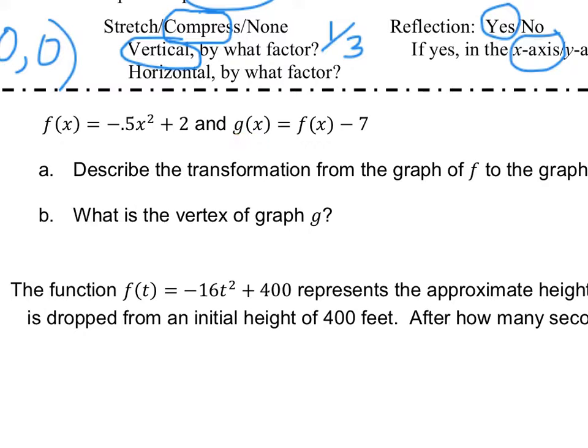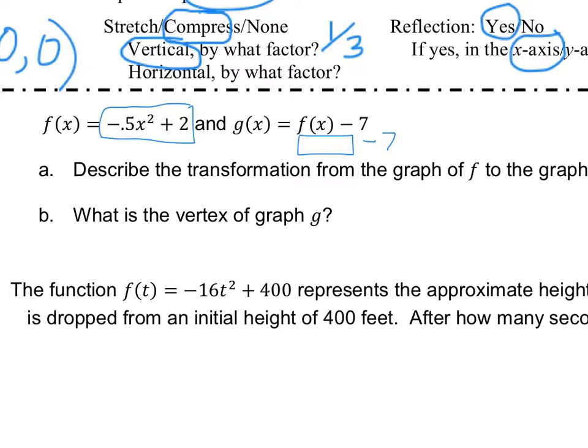Function g says take function f and subtract 7 from it. So function g is the whole function f, this thing right here, minus 7.